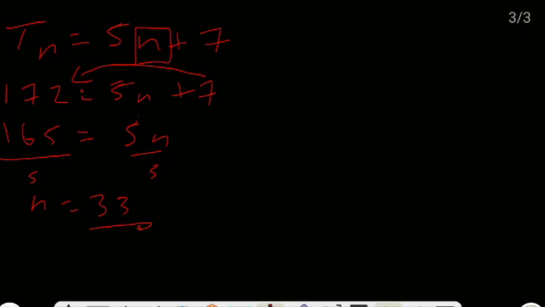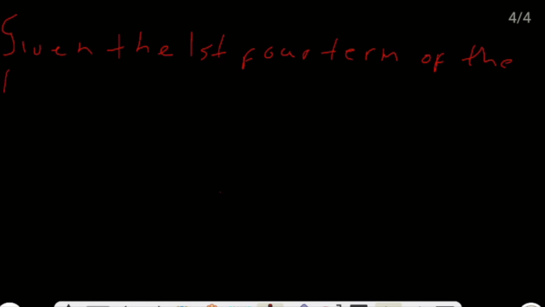Now moving on to the last part of this question, which says, given the first 4 terms of the linear pattern, and those terms are 3x, y, 30.